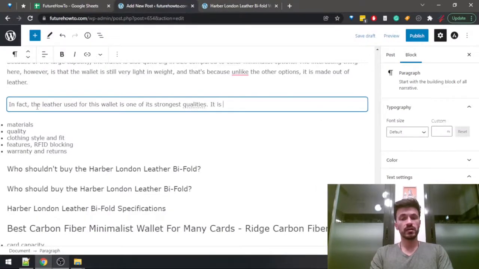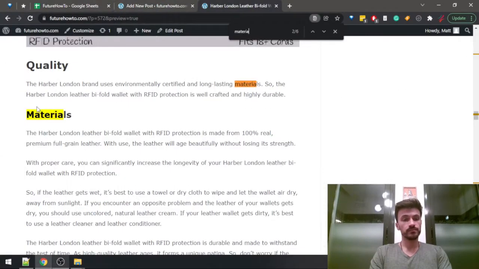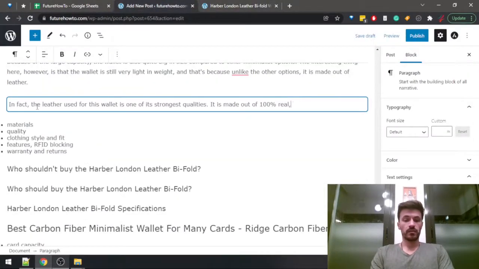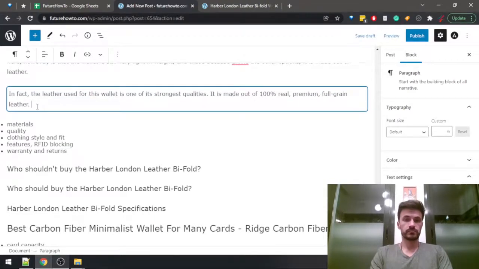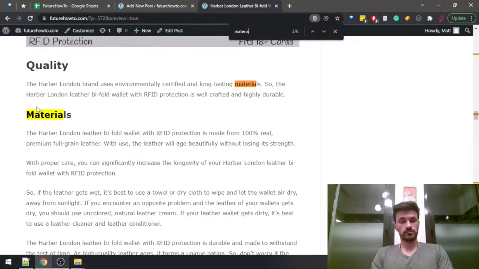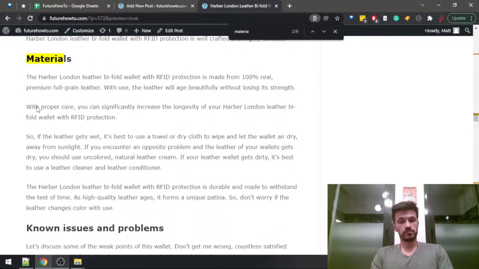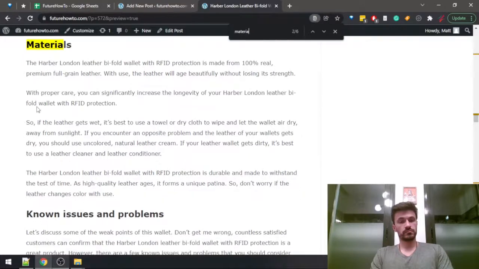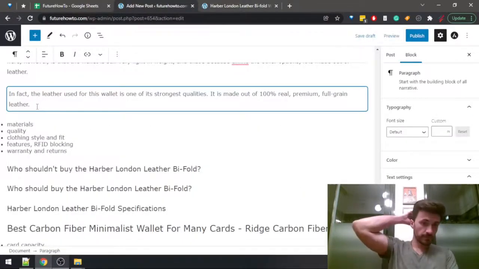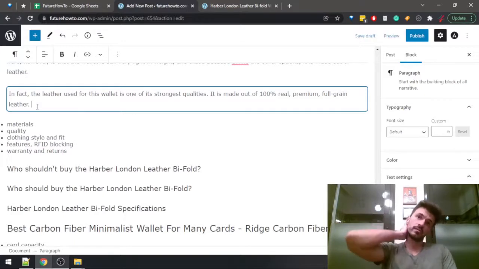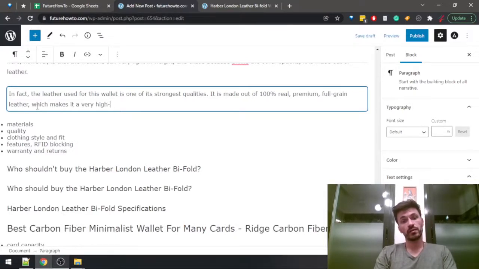It is made out of 100% real premium full grain leather. Yeah, okay, which makes it a very high quality wallet as well.